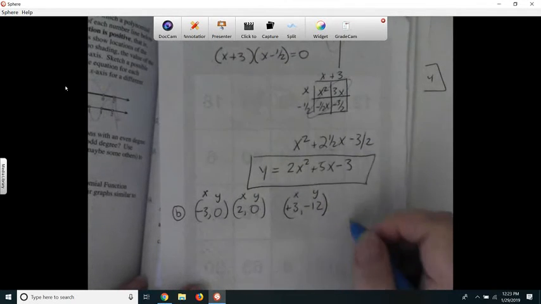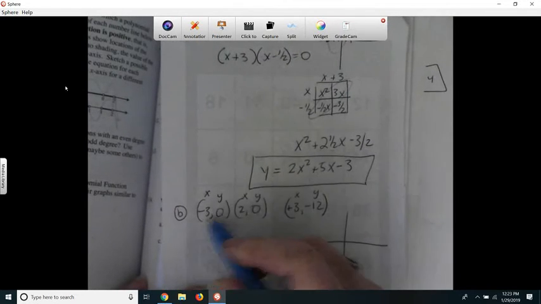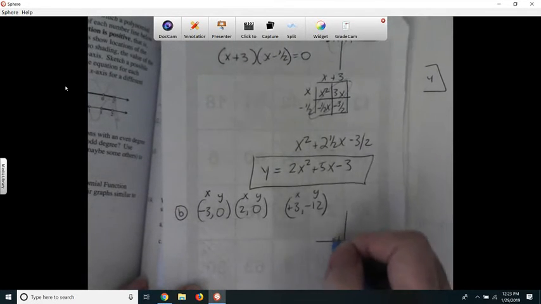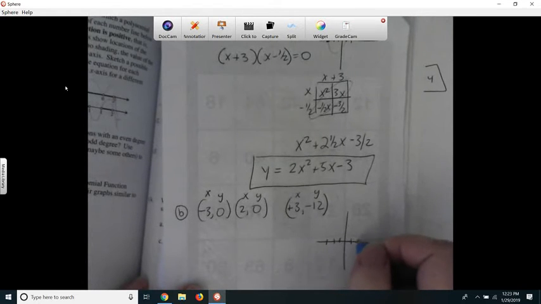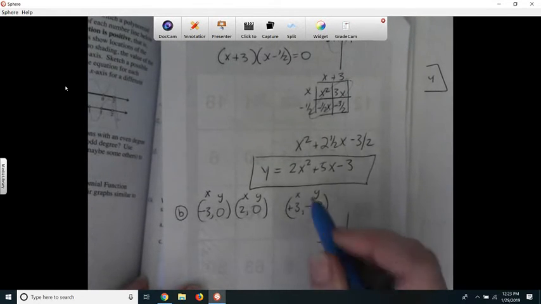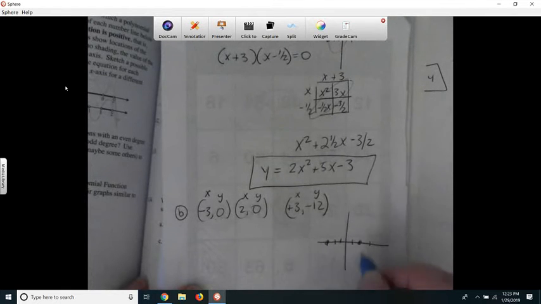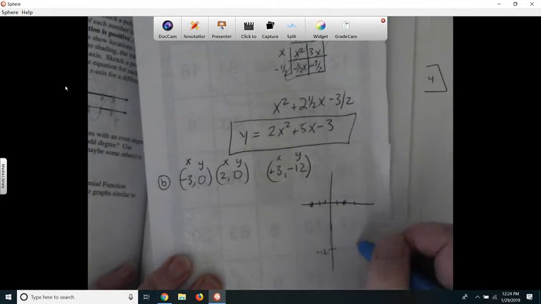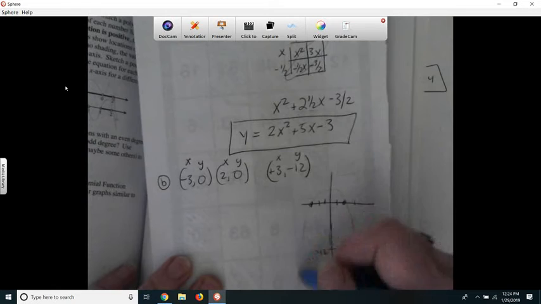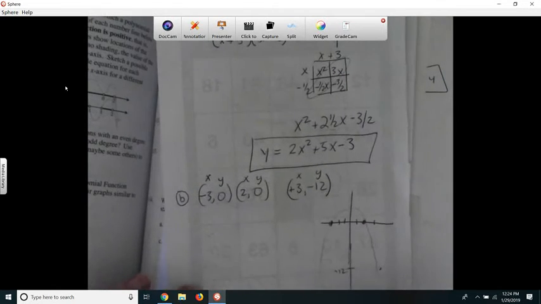I know it says don't graph it, but I can't help but look at it real quick. This thing has a point at 3 and negative 12, way down here. So I'm pretty sure it's a downward facing parabola. Not that I had to graph it or anything.